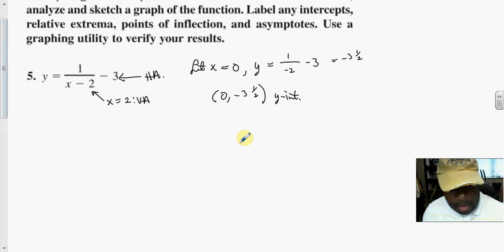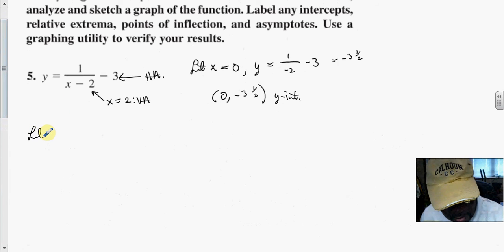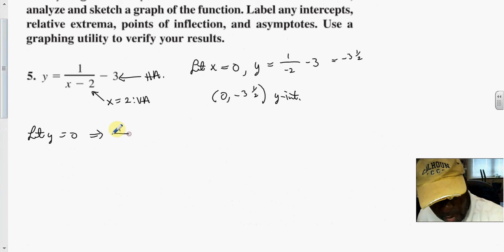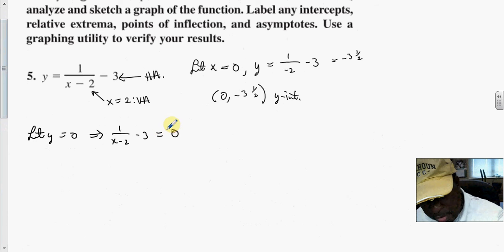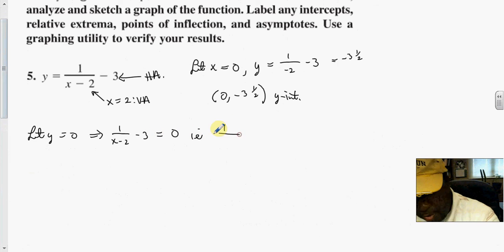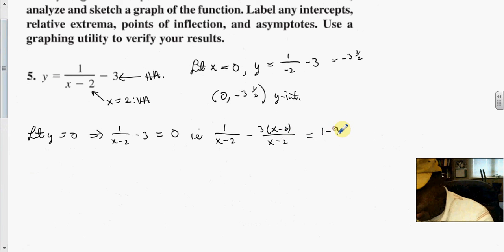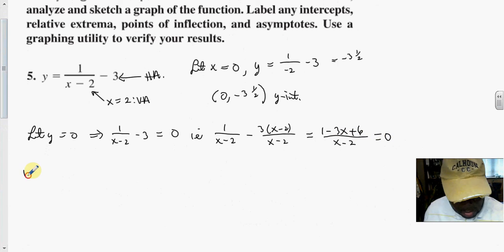And then if you let y equal to 0, this implies that we have 1 over x minus 2 minus 3 is equal to 0. That is, we have 1 over x minus 2 minus 3 times x minus 2 over x minus 2, and that gives us 1 minus 3x plus 6 over x minus 2 is equal to 0.